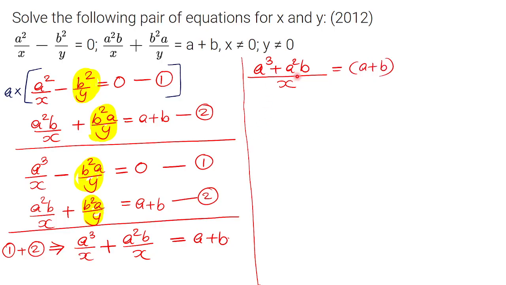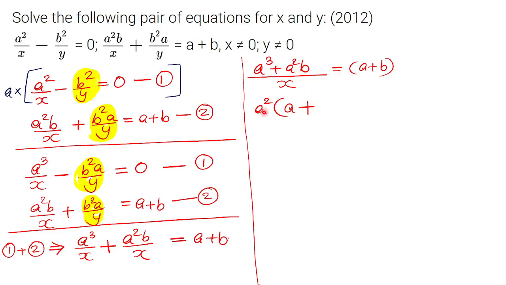Here in the left side, a cube plus a square b, a square is common. In these two terms, can I take a square common? Yes, a square is common. A square into, from a cube I have taken a square out, a is left.